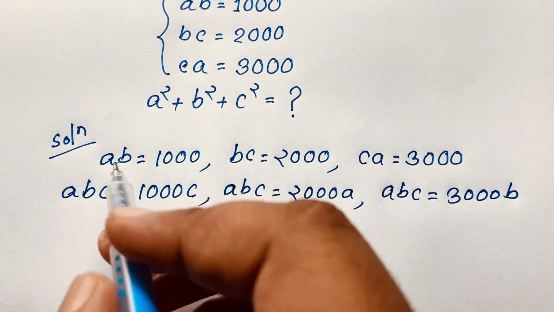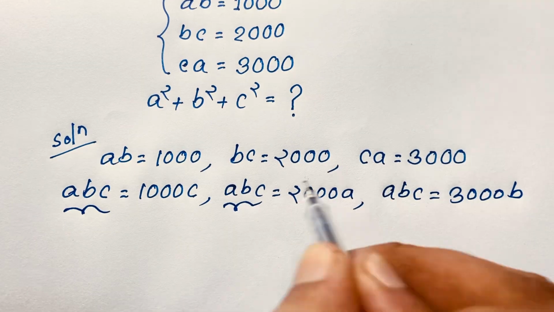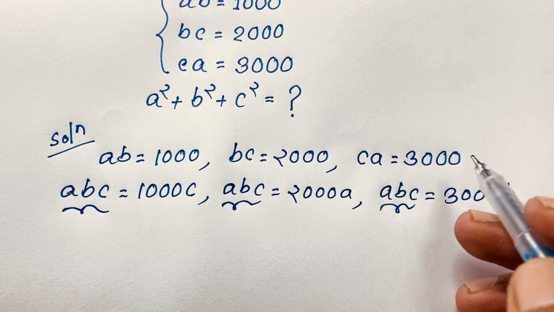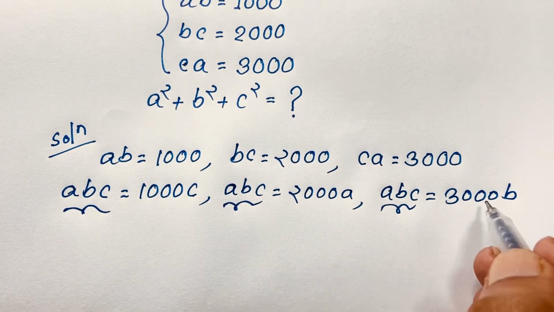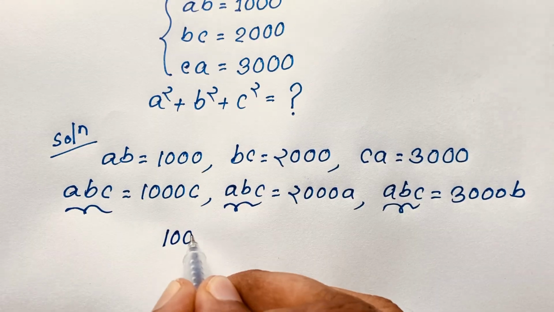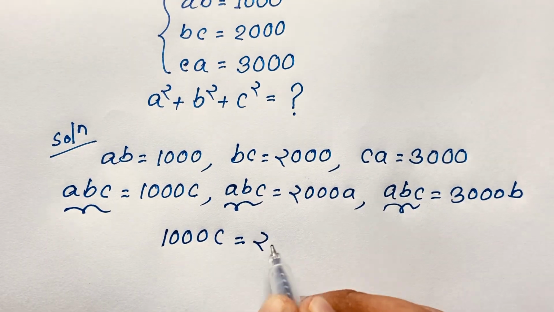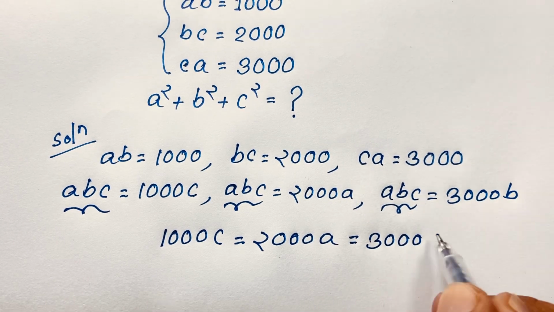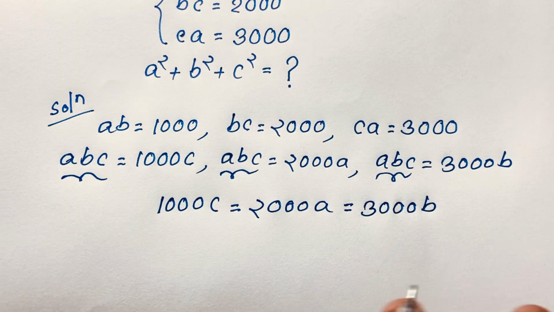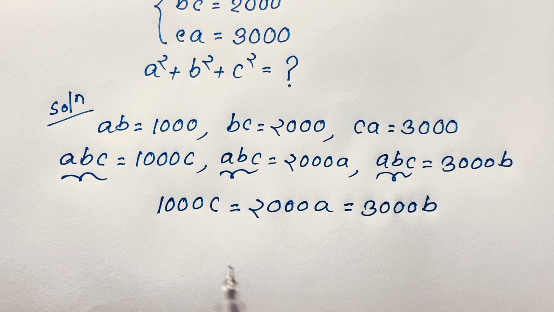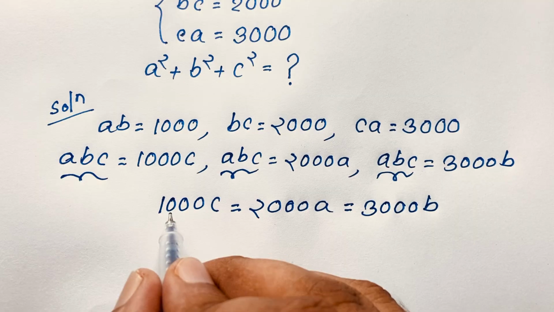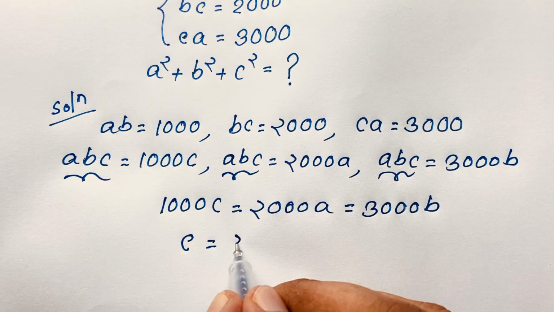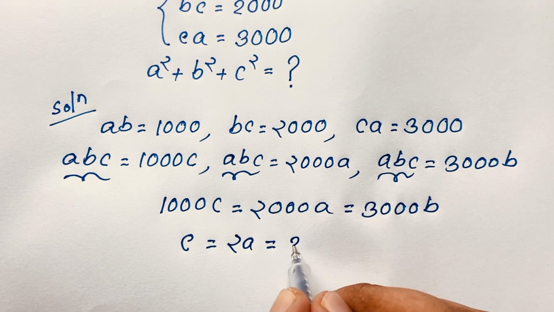Now at this moment this is ABC, this is ABC, this is ABC. So you can say easily that ABC is equal, so this value is also equal, so it will be 1000C is equal to 2000A is equal to 3000B. Now if I divide these values by 1000, it will be C, 2A, and 3B.